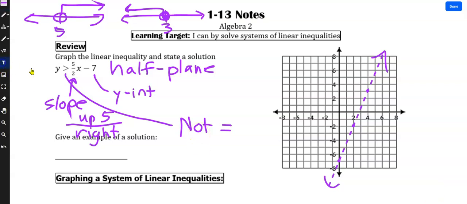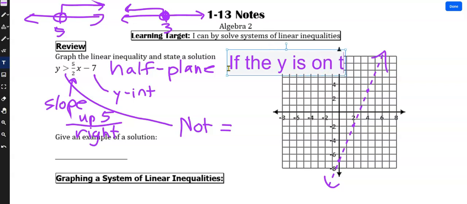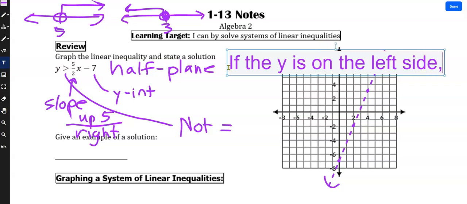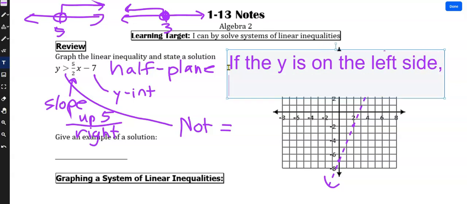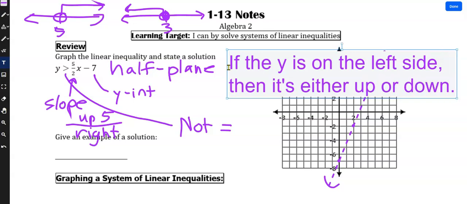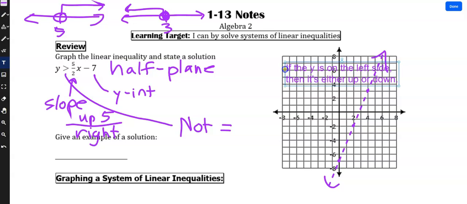All right, so let me type something out here. If the y is on the left side, and that's kind of key right there, then it's either up or down.